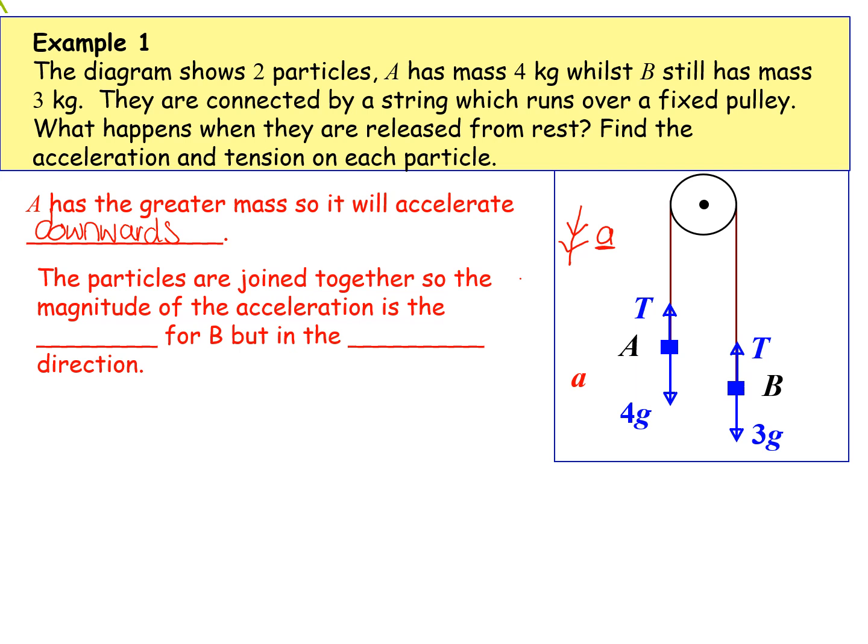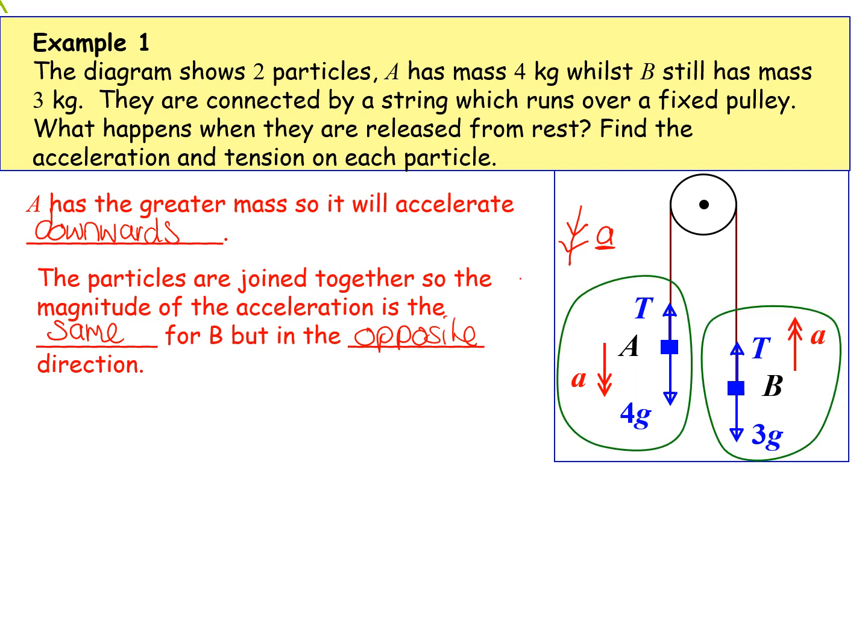The particles are joined together, so the magnitude of acceleration is the same for B, but in the opposite direction. B will go up. So the acceleration is showing there.